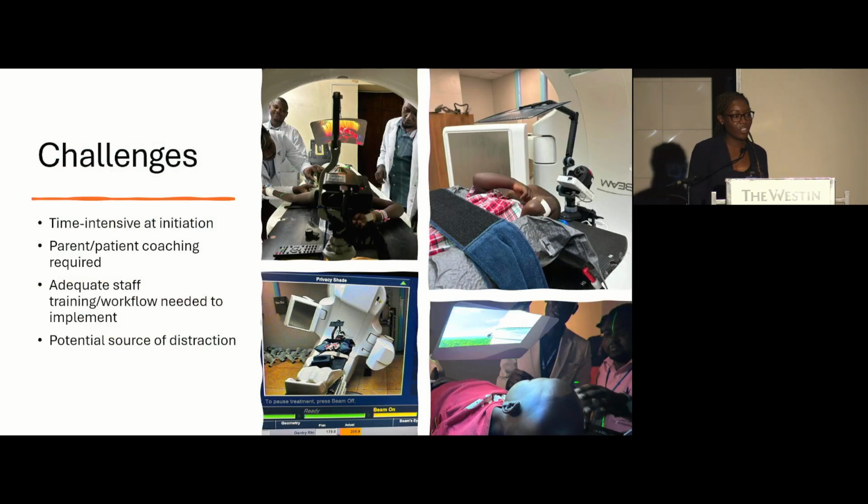Again, with technology, there are always challenges involved. Some of the challenges are, again, it takes quite a bit of training up front to train the staff, to train the physicians, and to even train some of the radiotherapy team members about how to set up the device and to deal with any type of glitches or issues that happen, so troubleshooting issues.